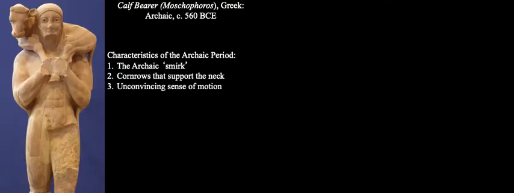And so providing them with a different level of support helps their heads not get knocked off. Because heads get knocked off. I mean, my neck size on my dress shirt is a 16 and a half inches. That's not a lot, right? That's not my waist. My waist is 34. And so providing hair makes that neck stronger, so heads are less likely to be destroyed. And then the final thing we will see is an unconvincing sense of motion.